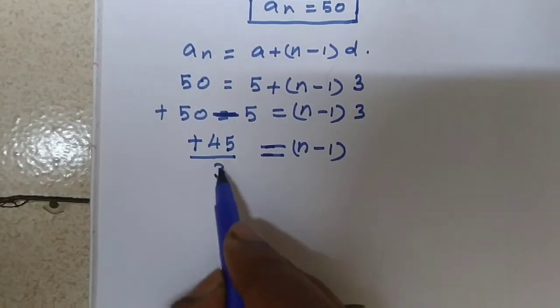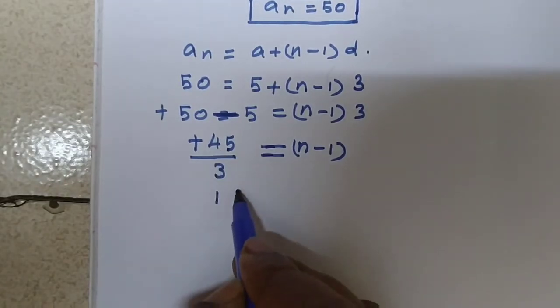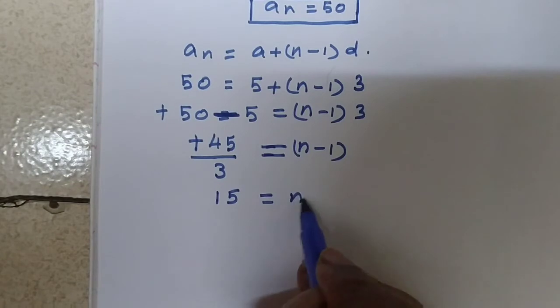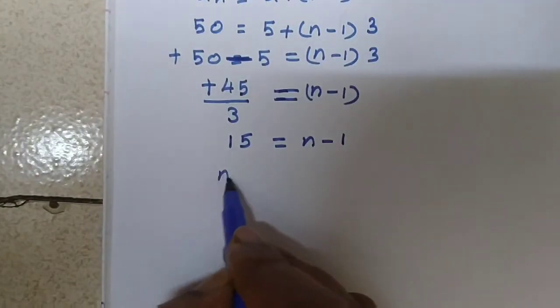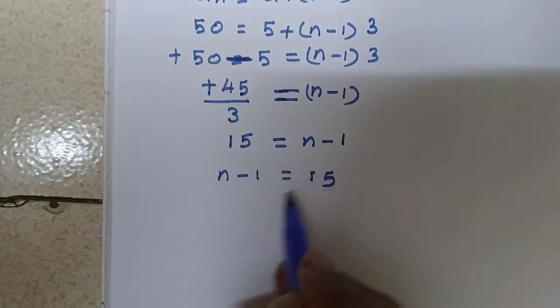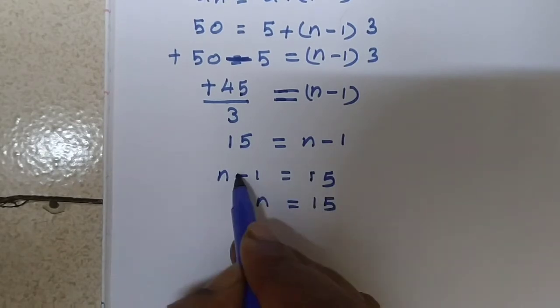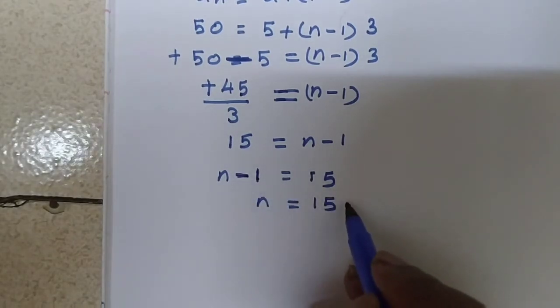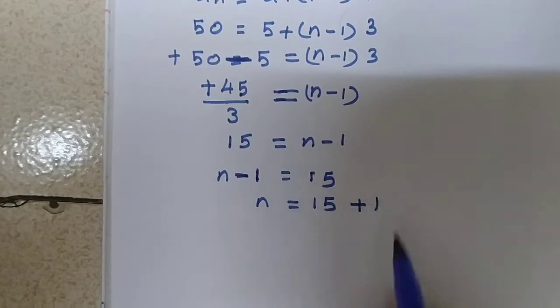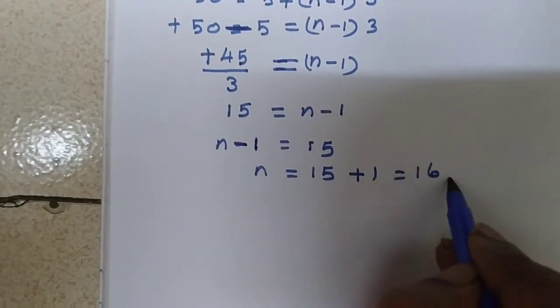So 45 by 3 is 15, since 5 3s are 15. n minus 1 is 15. n is 15 plus 1, taking this minus 1 to the other side of the equation, this will become plus 1. So 15 plus 1 is 16.